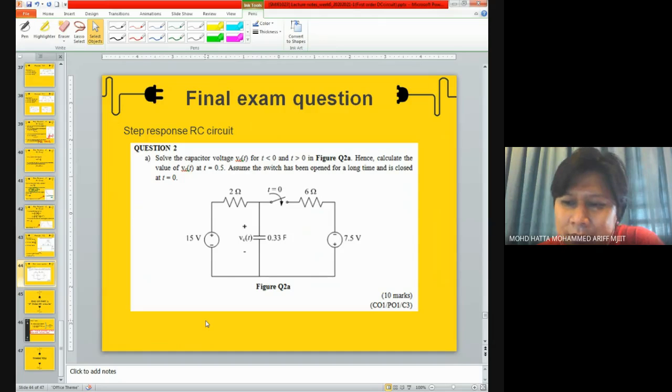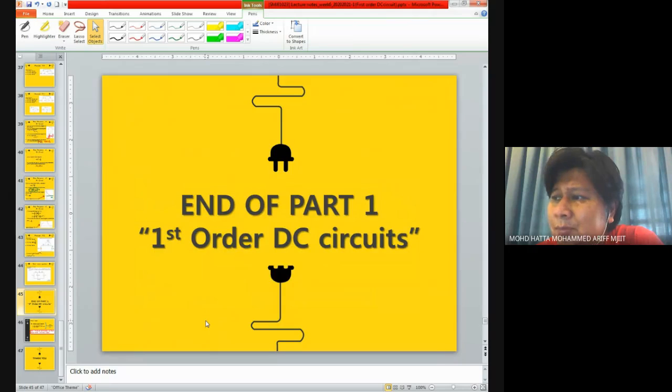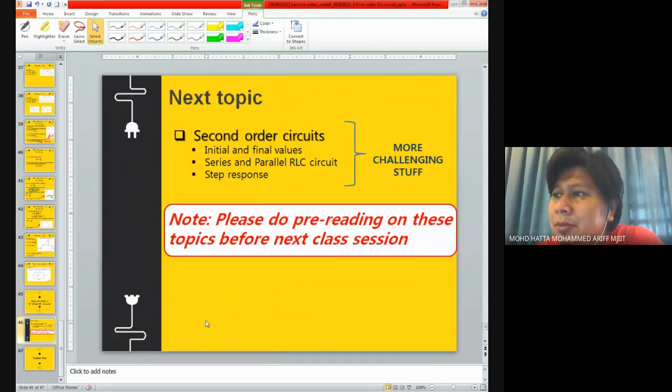Yes, of course you need to prepare for your test, but bear in mind during your semester break, please have a look at this topic again so that you're not gonna miss a lot towards the end of the semester. Okay, I think that's the end of the first part, first order DC circuit, and next week we will get into our second part, more challenging stuff.